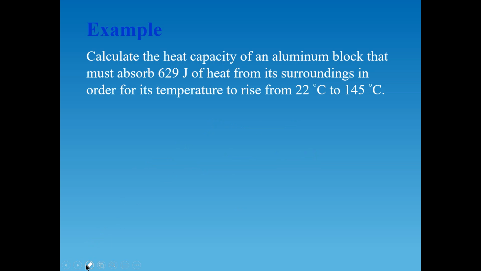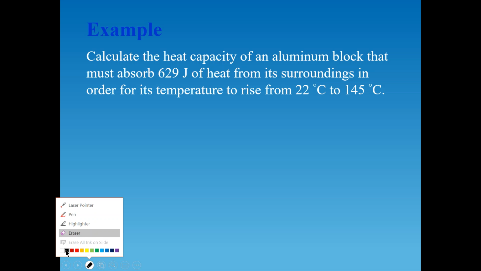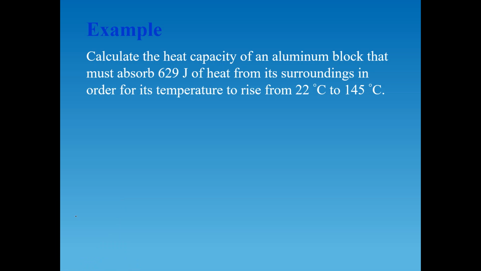Okay. The question did not ask for specific heat. The question asked for the heat capacity. So the equation that we're going to use instead would be C, uppercase C is equal to Q divided by delta T, all right?